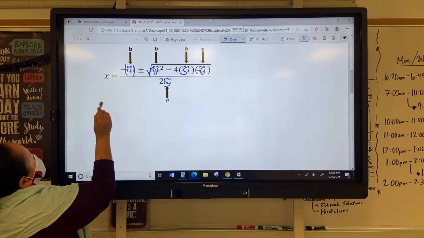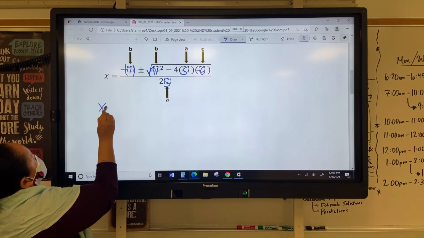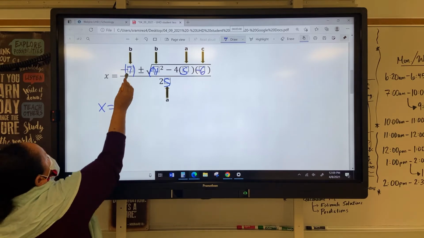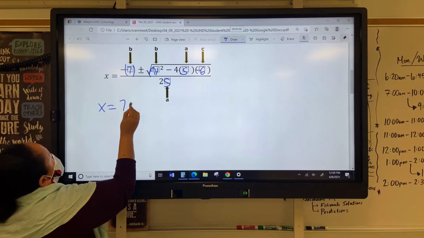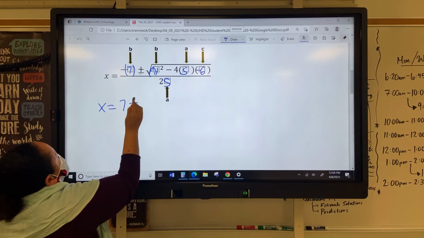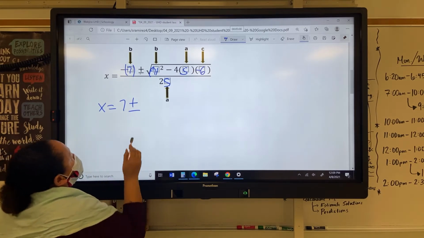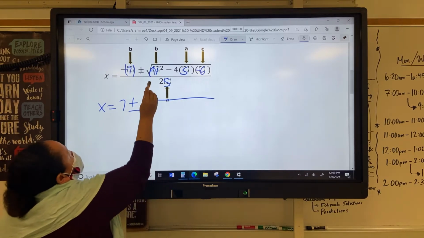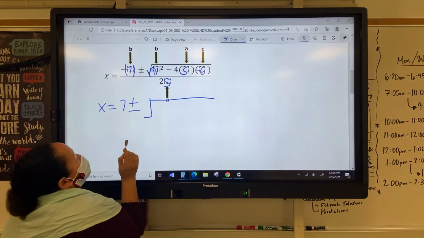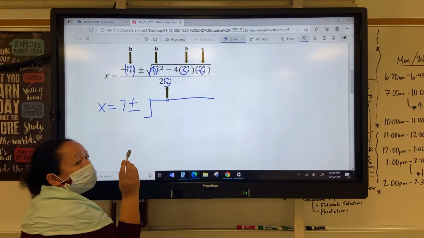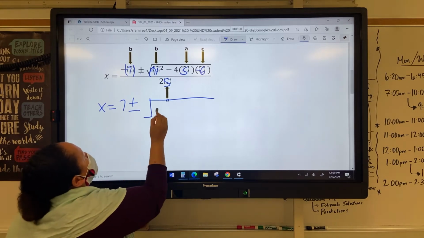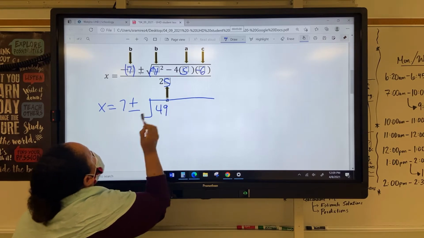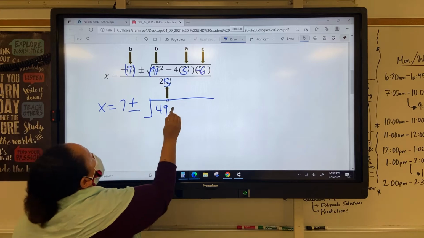So right now, I'm going to show you that x equals minus times minus, that is +7, then plus or minus, we still have the square root, then 7 squared is 49. You can use your calculator to find the calculation.